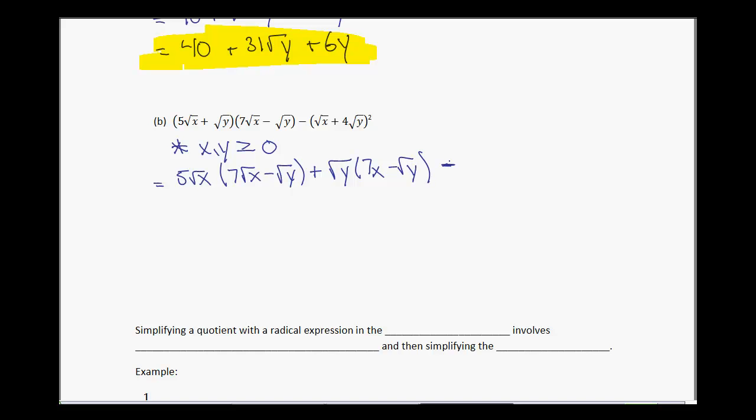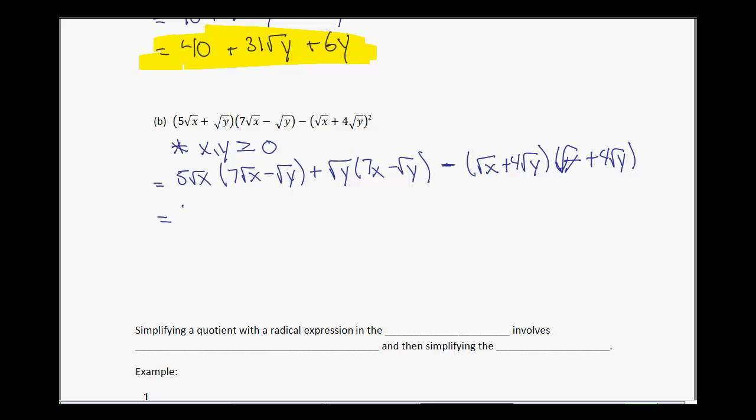And here we have a square, so we can write that as root x plus 4 root y times root x plus 4 root y. We'll distribute that out as well.